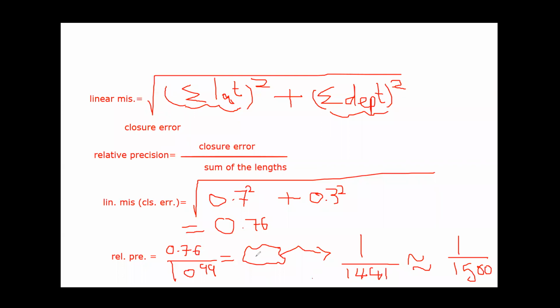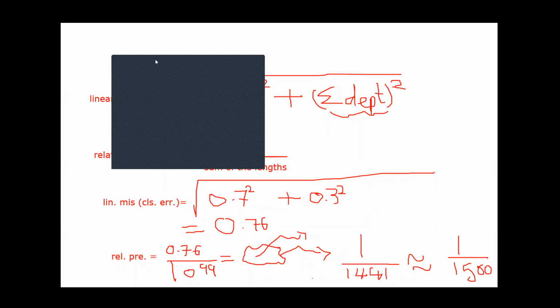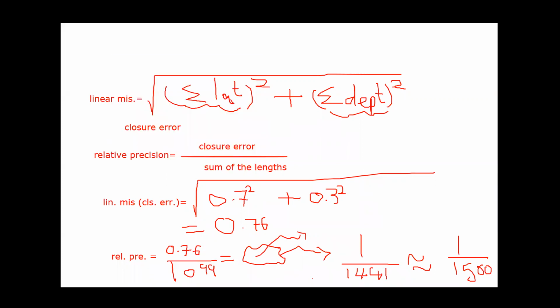So if you did the math here, you get a very small number, like 0.00 whatever. The exact number for this case is 0.00069, but you get the inverse of it. And that's what you will end up having here. So that shows you how to do the calculations for this particular traverse.